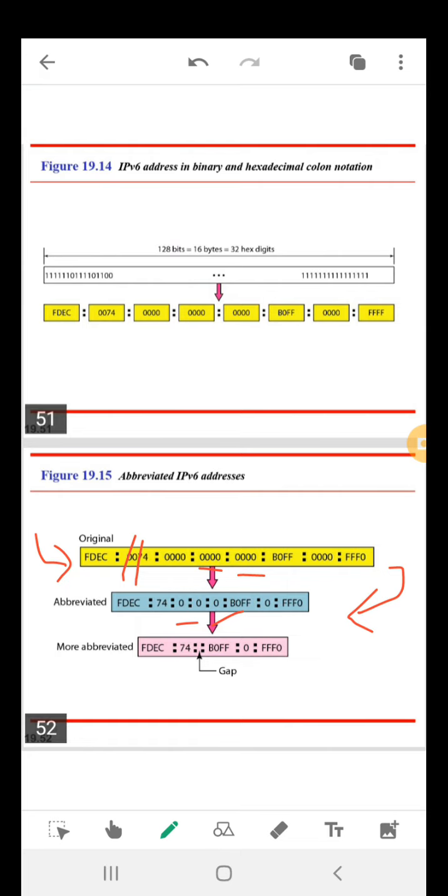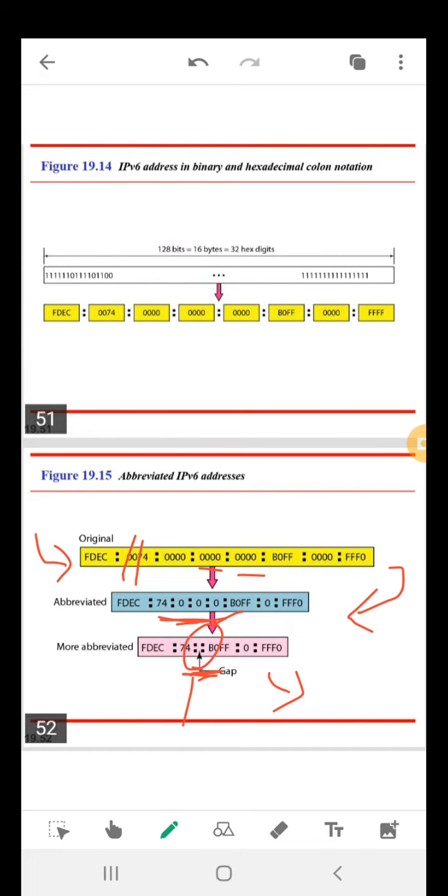Now suppose if we have 0 colon 0 colon 0 like this, then instead of writing 0 colon 0 colon 0, you can simply give 2 colons, okay, with a gap in between. Like if we expand it, we need to understand that there has to be 8 blocks, and if there are 2 colons like this, then that needs to be adjusted accordingly, okay, to make the total number of 8 blocks.